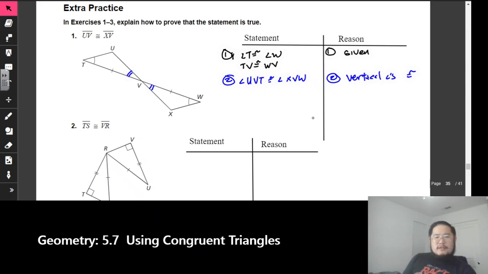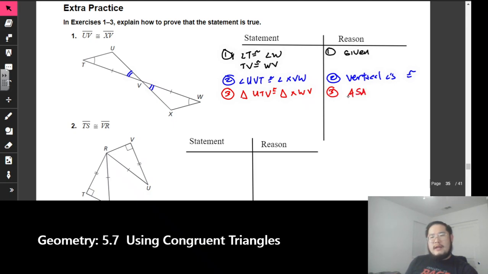Okay? So, knowing that, looks like I have right here enough information for my third statement to say that triangle UTV is congruent to triangle XWV, because we have angle, side, angle, angle, side, angle.